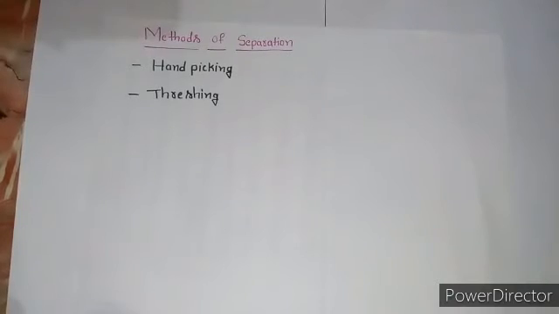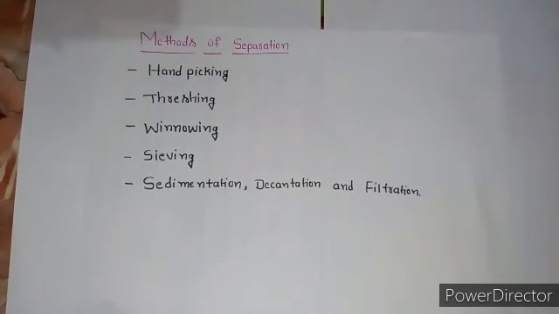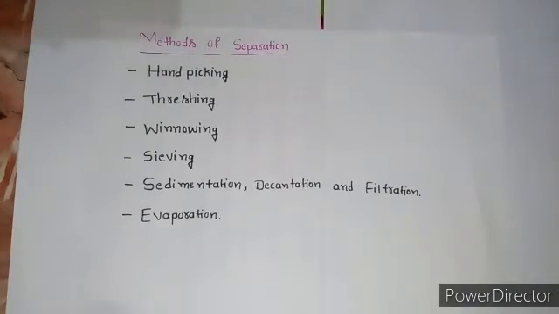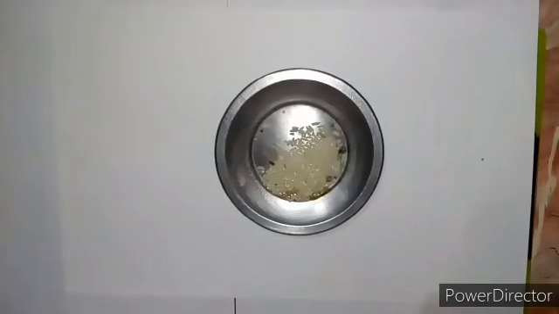Some simple methods of separating substances that are mixed together are hand picking, threshing, winnowing, sieving, sedimentation, decantation and filtration, evaporation.